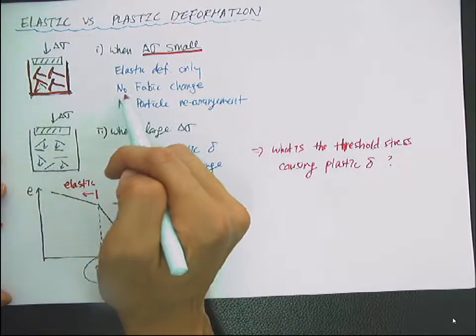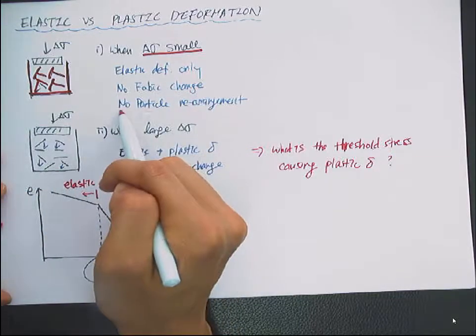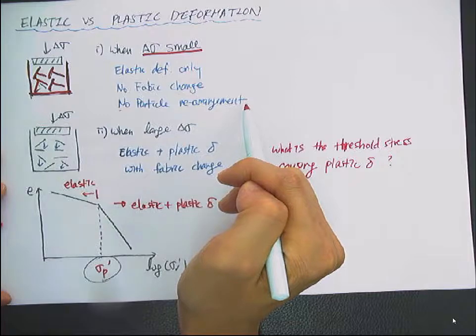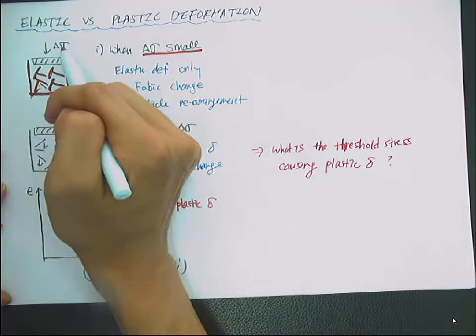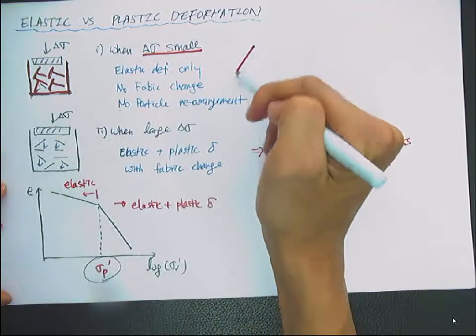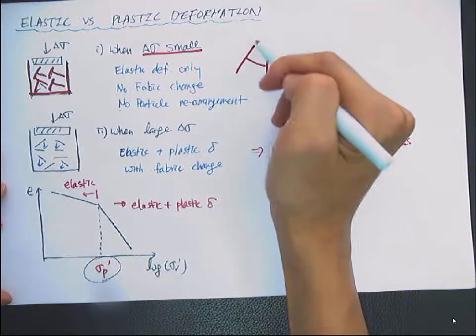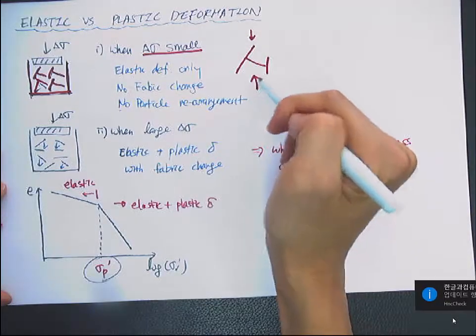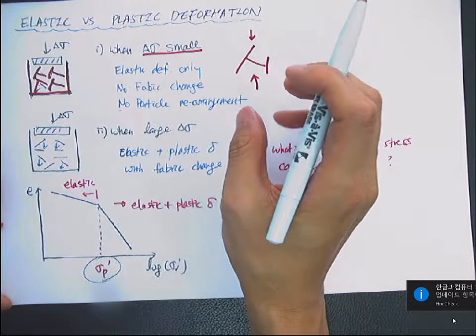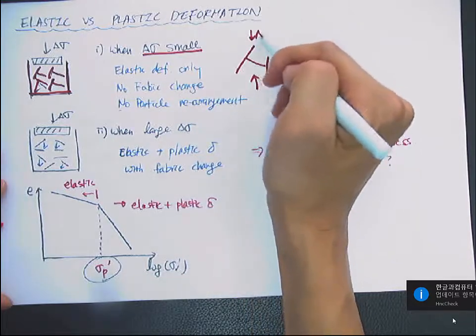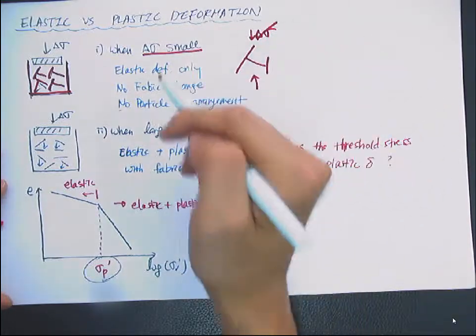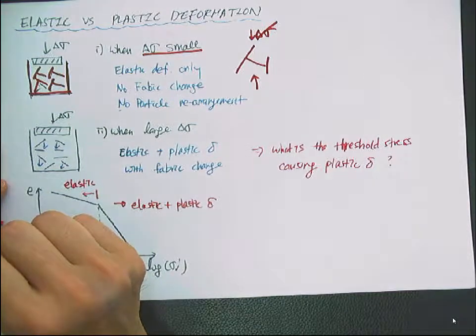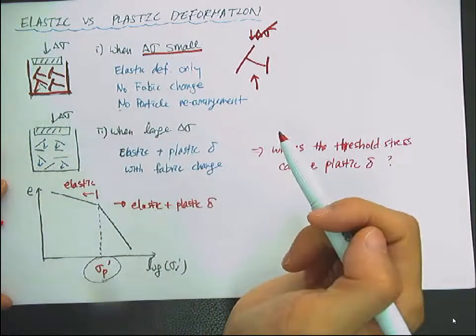So here, no fabric change occurs and no particle rearrangement occurs. When you remove this delta sigma, the clay may have deformed a little bit, but it's going to go back to the original shape, and it's called elastic deformation.